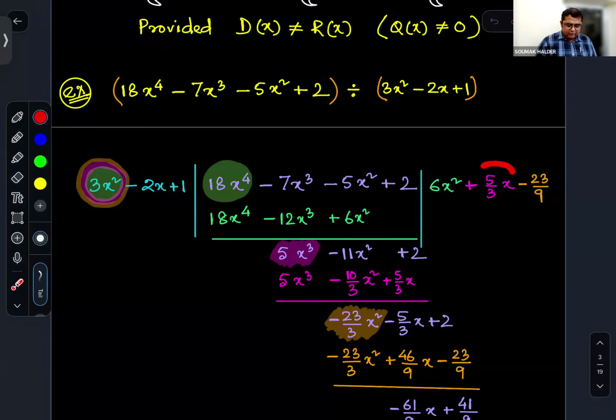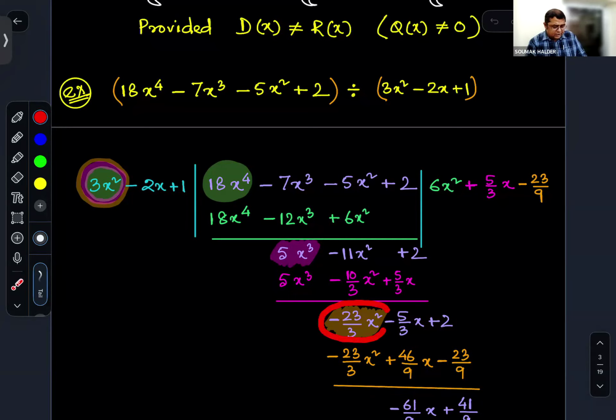If you divide, your quotient supposed to have a term positive 5x by 3, but 5x by 3 এর জন্য লিডিং ডিগ্রি টার্ম 5x cube ম্যাচ করছে, but we are still getting two more carry forward terms. Okay, and hence overall we are getting a carry forward of minus 23 by 3 x square minus 5x by 3 plus 2.